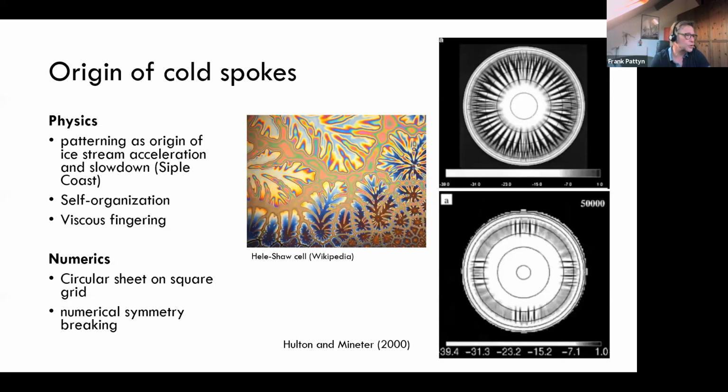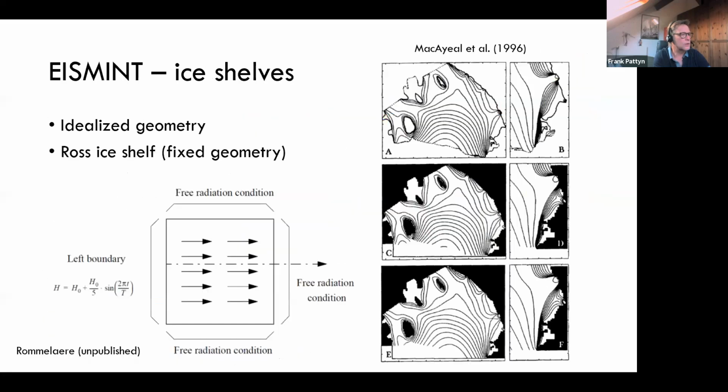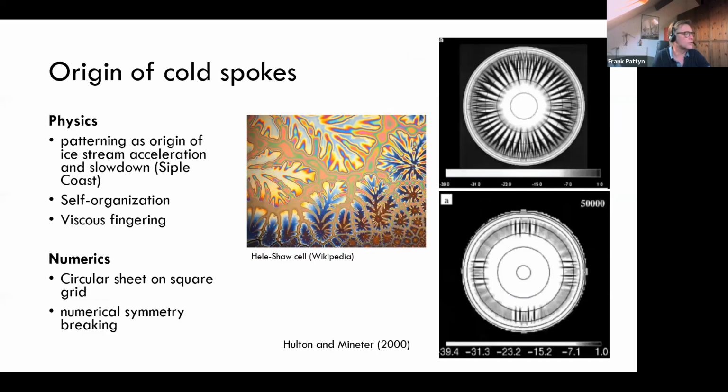But there were some questions of how highly this was related to numerical problems, like for instance, growing a circular ice sheet on a square grid, or the numerical symmetry breaking. And this numerical symmetry breaking was very well seen in, oh, I go too fast here. Yeah, there was a slide that disappeared. Yeah, sorry. It was in another experiment, ISMIP HEINO, that was done to explain Heinrich events.